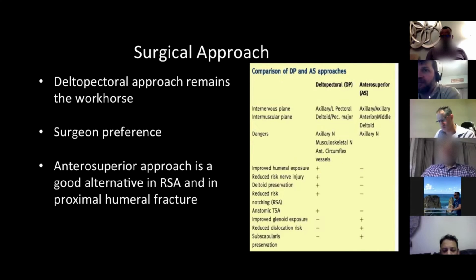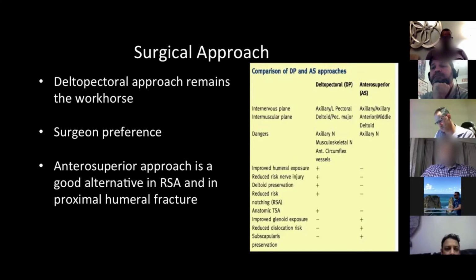It can also be a preferred approach for some surgeons in the setting of a 3 or 4-part proximal humerus fractures, where the greater tuberosity can be retracted posteriorly and superiorly to improve the exposure.